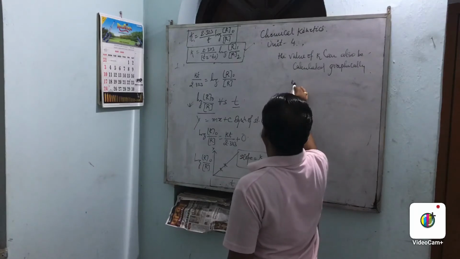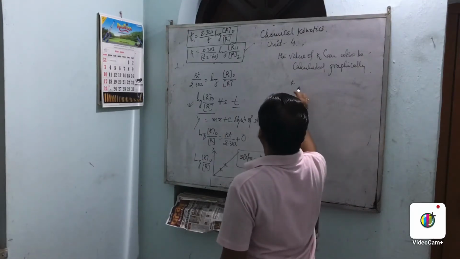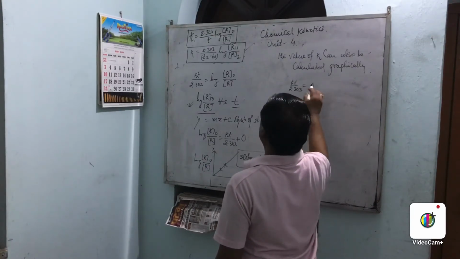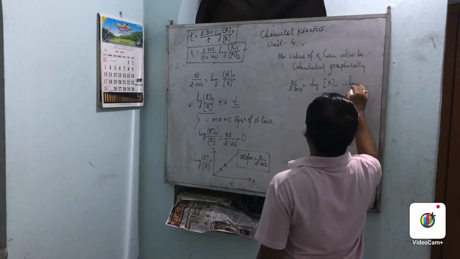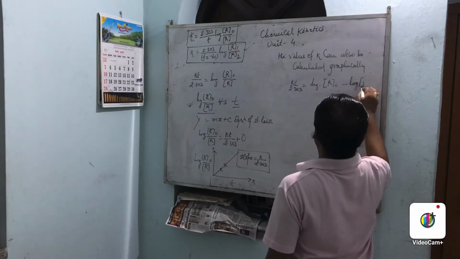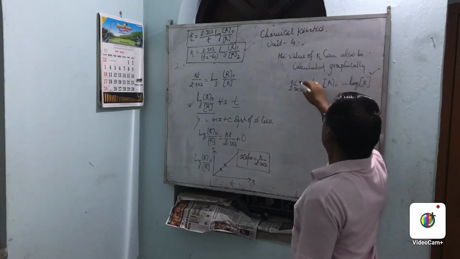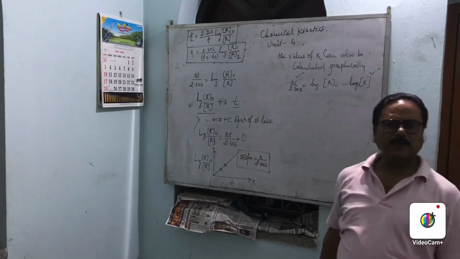This is kt by 2.303 is equal to log R naught minus log R. Here R and t are the variables because the concentration changes with respect to time.